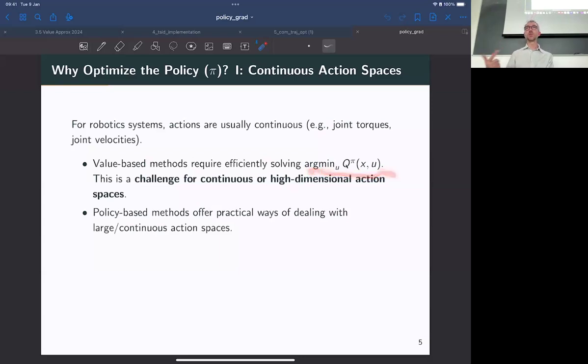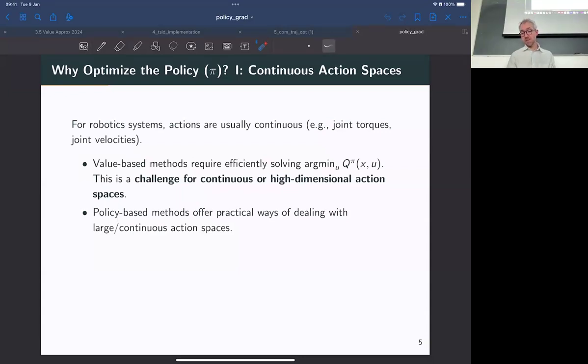But if now U is continuous, solving this minimization problem is not trivial anymore. Because in general, Q is going to be a non-convex function. And so finding the minimum of a non-convex function is a very hard problem.